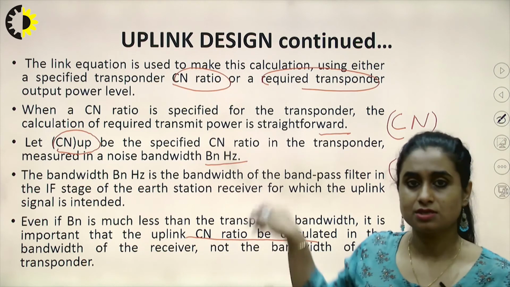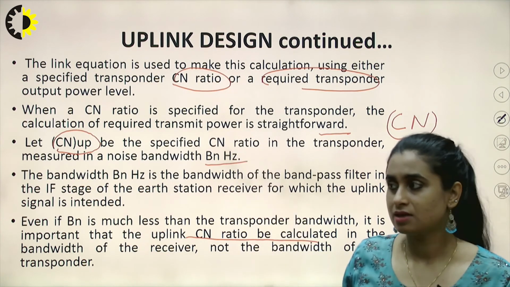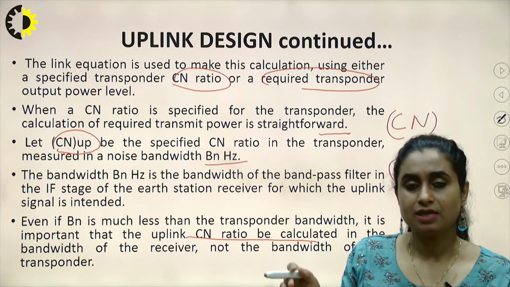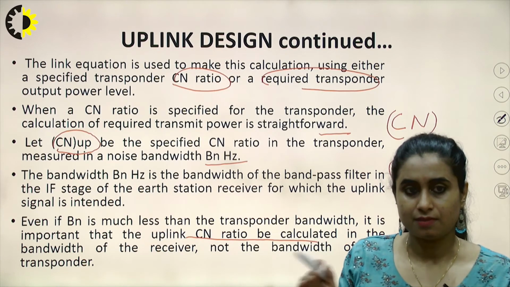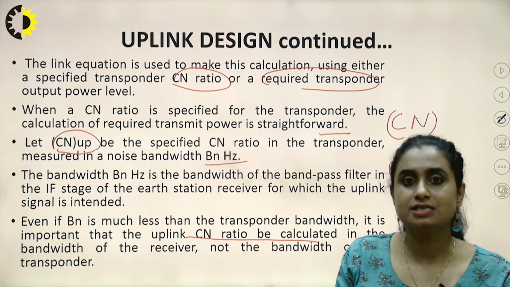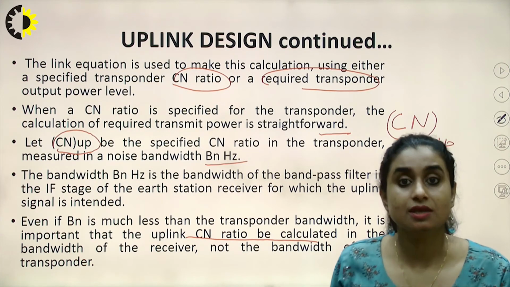What is the whole concept of these points? Whenever we calculate C/N, we have to consider precisely the bandwidth in which noise is considered, right, which is an important factor.